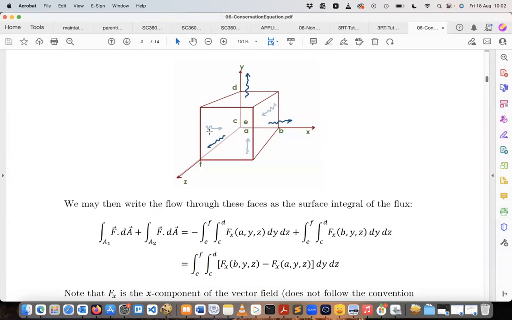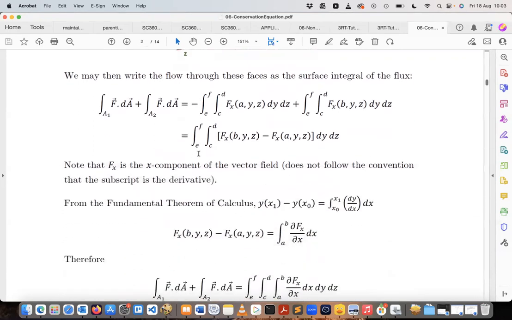This face here has a flux that's entering it, but the area vector here is pointing in the opposite direction, right? Because this is the volume, so the area vector is pointing out of the volume. So this face has a vector pointing out in this direction, whereas the flux is pointing inwards like this. So here they are in opposite directions.